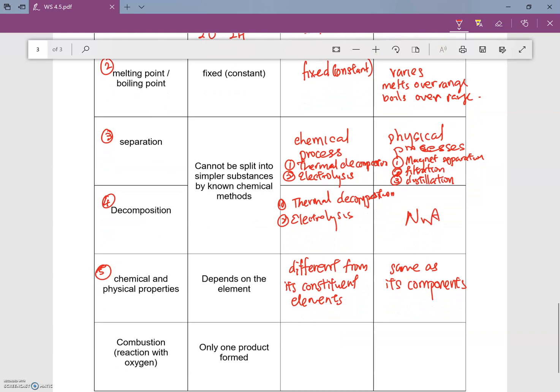Now, last one in terms of combustion. Combustion just means that you put oxygen with it and let it react. So any element that reacts with oxygen, only one product is formed.